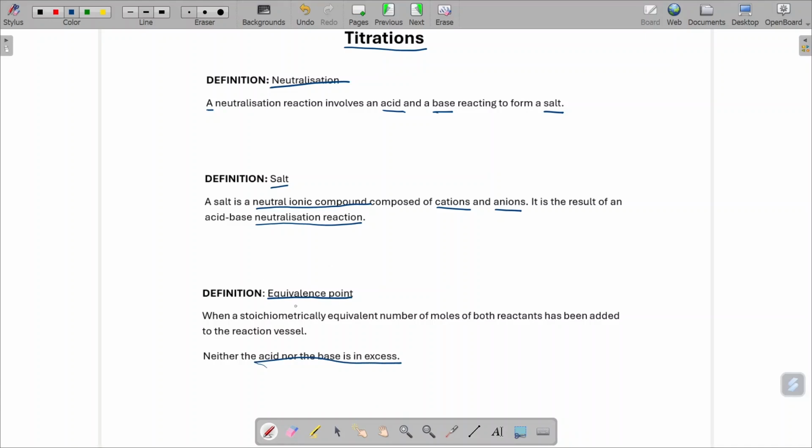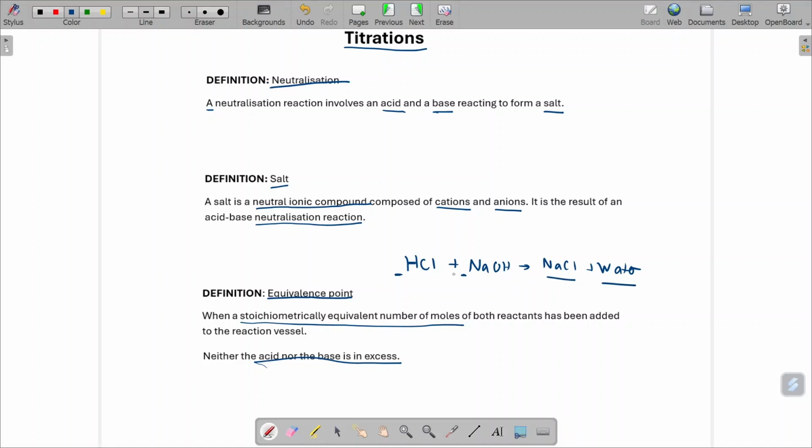And so what we can do to define the equivalence point is to say that it is when a stoichiometrically equivalent number of moles, in other words, according to your balanced equation, if HCl were to react with sodium hydroxide to form a salt plus water, what this means is that 1 mole of HCl must react with exactly 1 mole of NaOH to form 1 mole of NaCl and 1 mole of water.